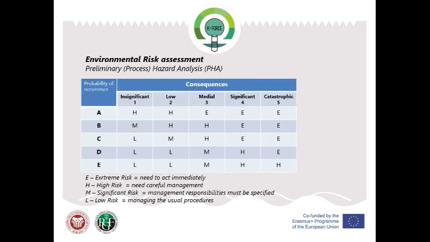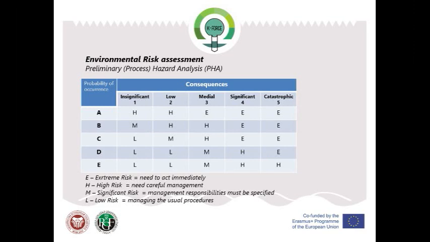Preliminary hazard analysis is a simple and fast method through which the way risk assessment functions can be easily demonstrated. The basis is the establishment of a risk matrix, probability of occurrence multiplied by consequences, and the categorization of the calculated risk according to this matrix.